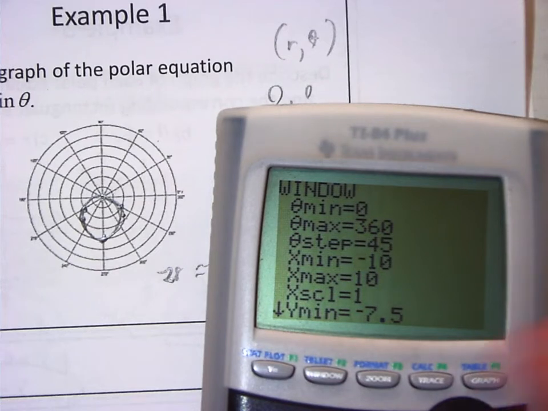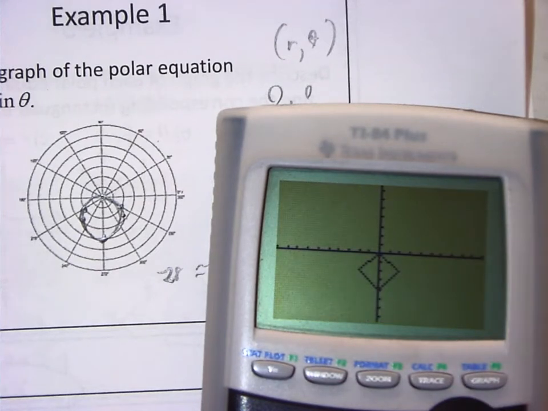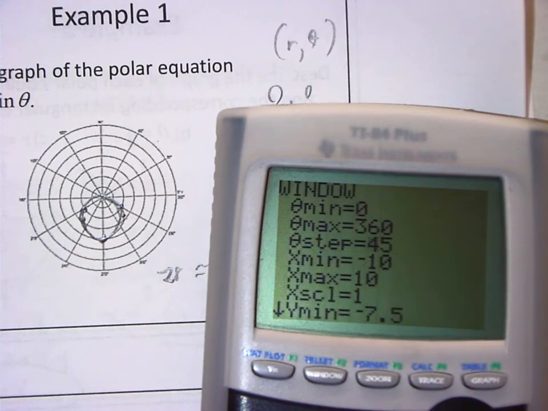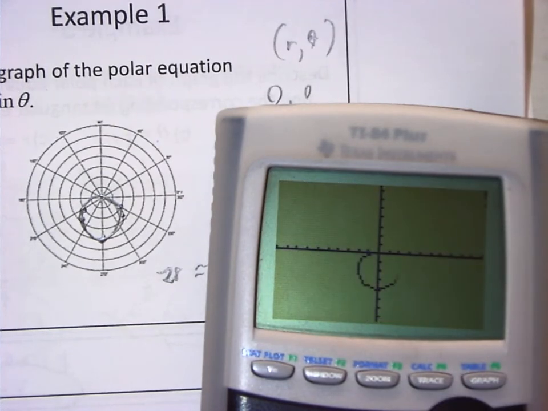So 45, something like that. Okay, but in reality, it is that circle. You're just not seeing everything. So you want to make sure your steps are small enough, which about half of 15 degrees is enough, or pi over 12, to get it close. But the newer calculator, that ends up being more severe just because the pixel density is different.